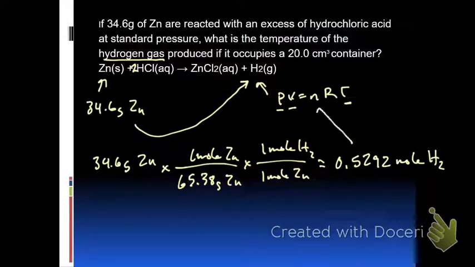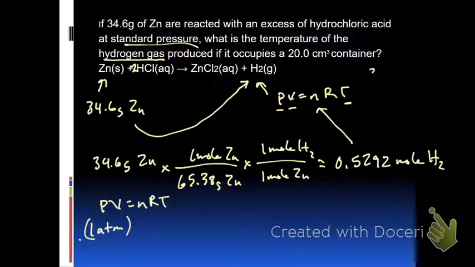So now, what do we got to do? We know this pressure, it's 1 atmosphere, right? So it's a standard pressure. So PV equals nRT, 1 atmosphere. We got 20.0 cubic centimeters.